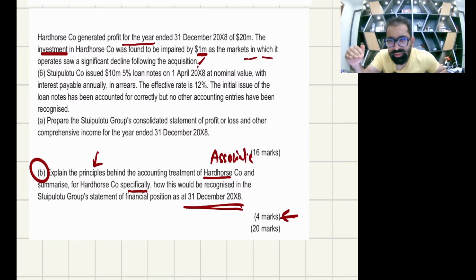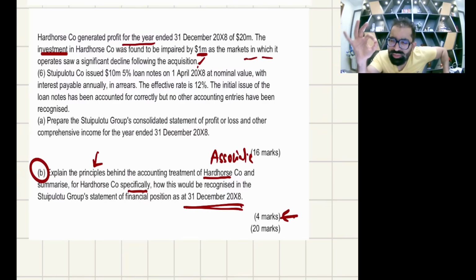Then you have associate, where you have significant influence. Significant influence means if there are 10 directors in the company, you can appoint 2 or 3, so your voice is going in the board. Then there is the level of trade investment, which is IFRS 9. Right now we are talking about associate.